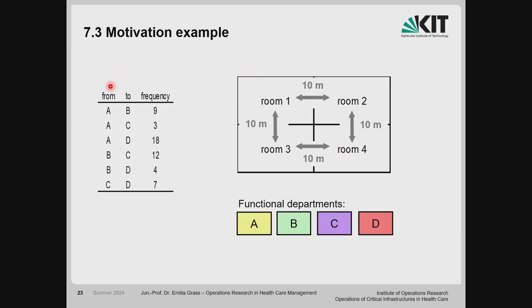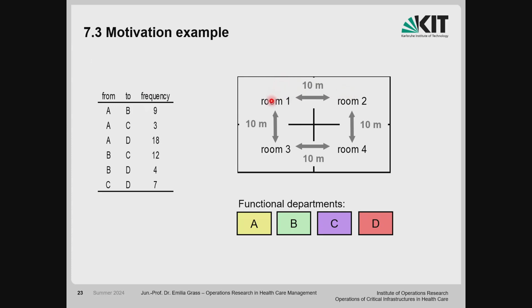So you have Ward A and B, radiology and oncology, or something like this. Frequency simply means how often they interact with each other, maybe 9 patients per day are sent back and forth. So these are the wards, and here you have the rooms. You have 4 rooms, and there are 10 meters between them.